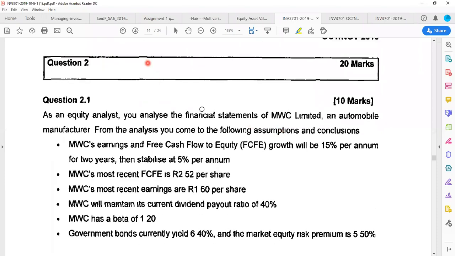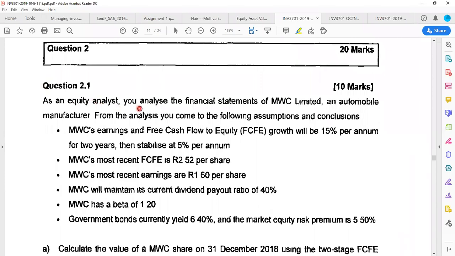And then question 2, it was a 20-mark question. We were told as an equity analyst, you analyze the financial statements of MWC Limited, an automobile manufacturer. From the analysis, you come to the following assumptions and conclusions. We're given the free cash flow to equity will grow by 15% per annum for 2 years and then stabilize to 5% per annum. We're given the most recent FCFE and the most recent earnings per share, EPS.